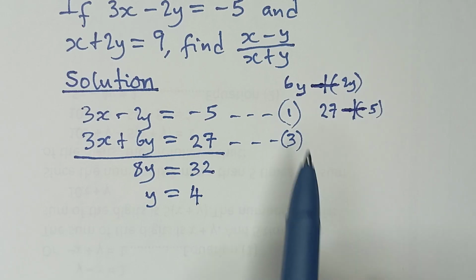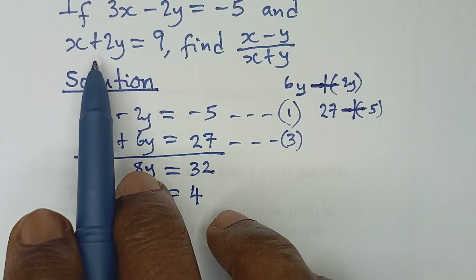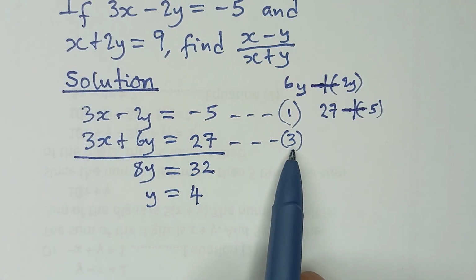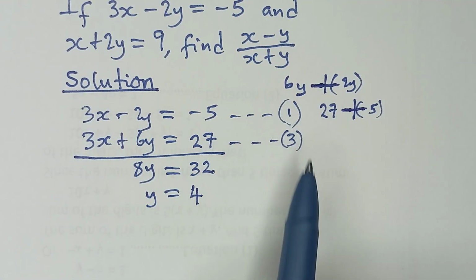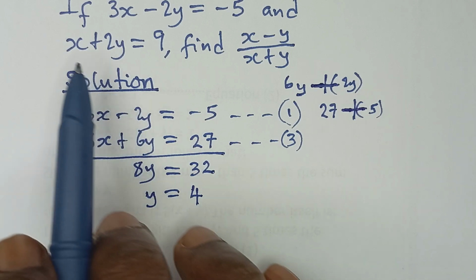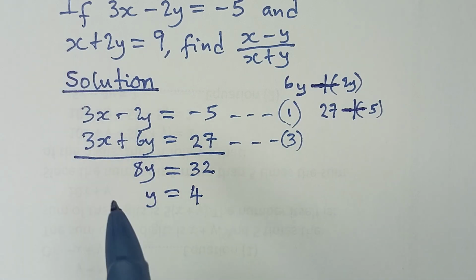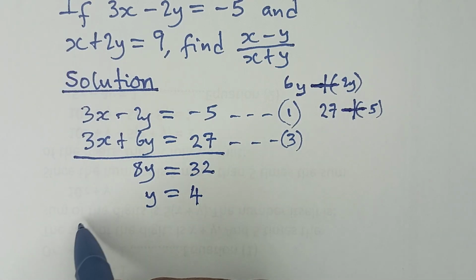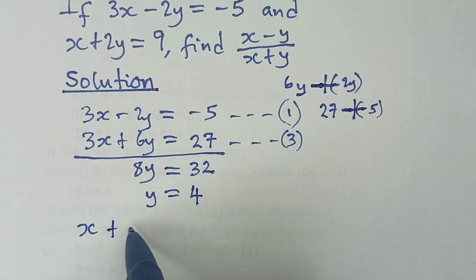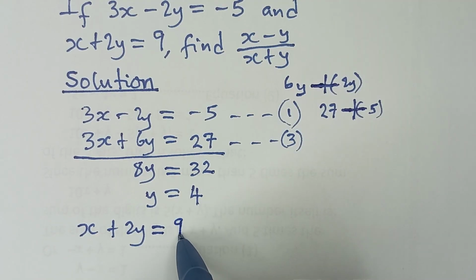Now I have 3 equations. Equation 1, this is equation 2, and this one is equation 3. You can pick any of the 3 equations, but I want to pick the simplest one. So I'm going to pick equation 2. And equation 2 there says x plus 2y is equal to 9.